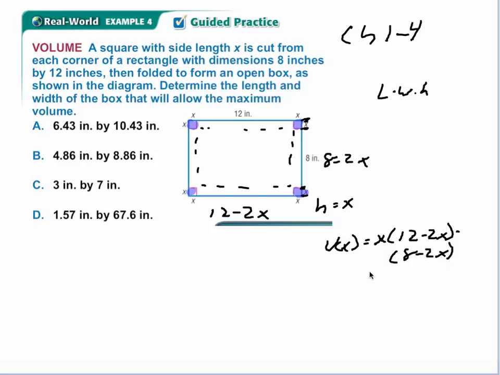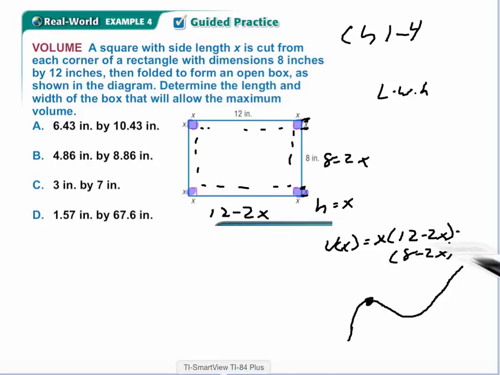So that will be a third degree polynomial. We could multiply that all out and we'd get something x to the third plus something x squared plus something x plus something. But a third degree polynomial with a positive leading coefficient is going to look something like this. We'll graph that, and we want to find the maximum volume, which is going to be right here.